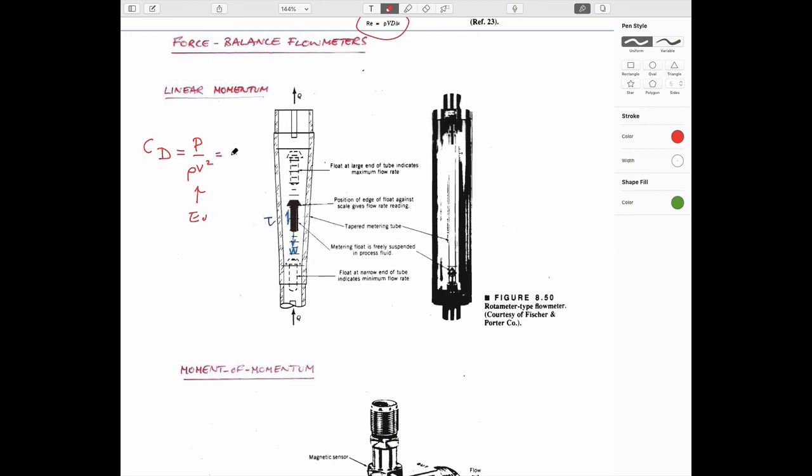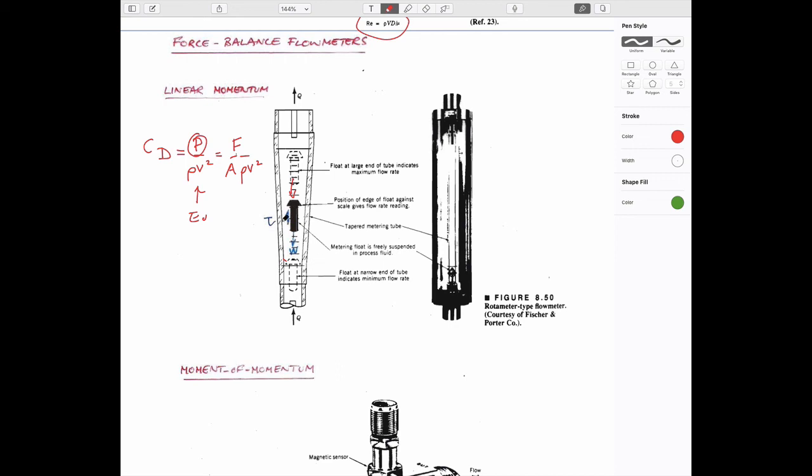And if we write a force as being pressure divided by area, or force over area is the same as pressure over rho v squared. And so if you know what the weight is of this bead acting downwards, you know what the forces are that are acting on this if it's sitting there. It has to be in equilibrium.